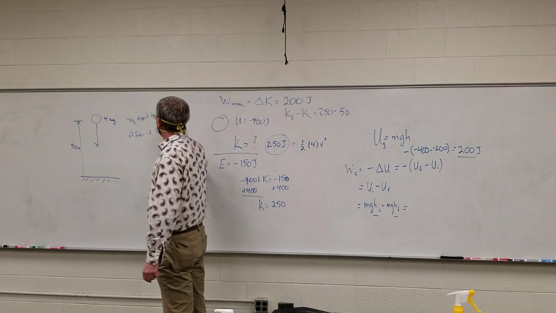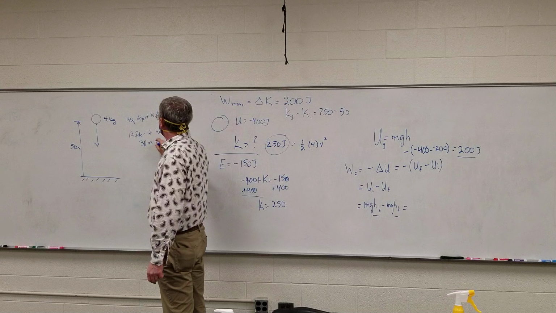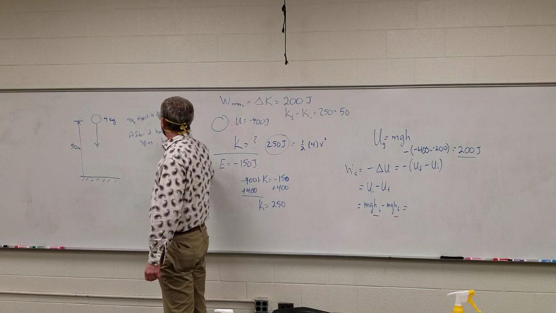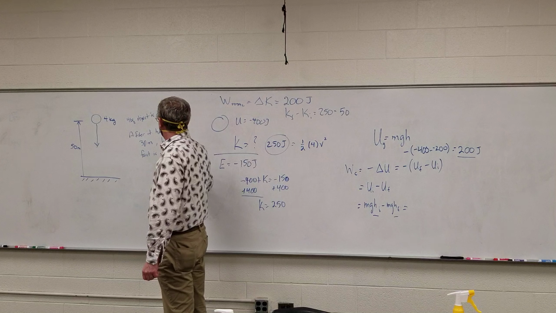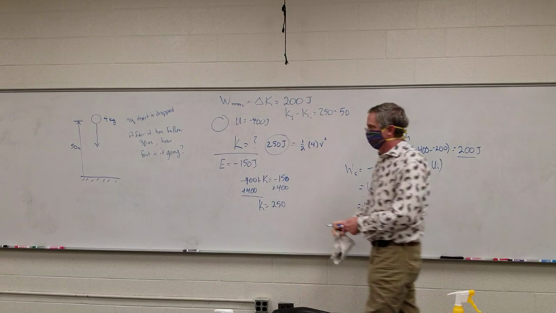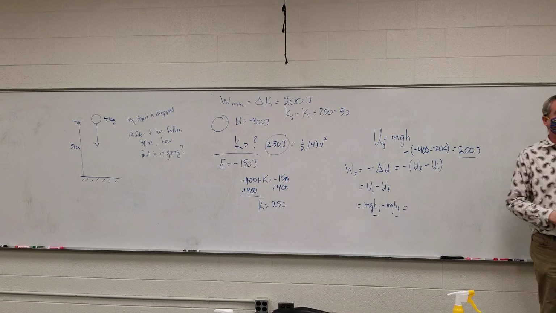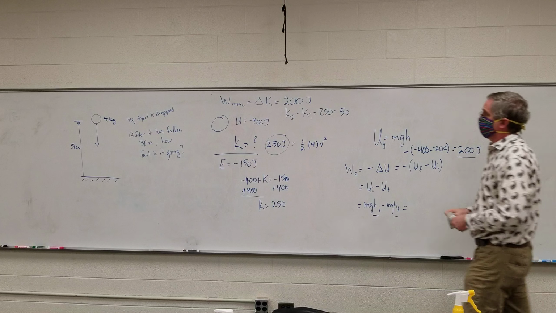After it has fallen 30 meters, how fast is it going? This can be solved using the stuff from chapter 2. I don't want to use the chapter 2 stuff, I want to use the chapter 7 stuff.